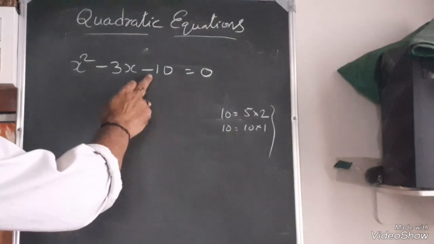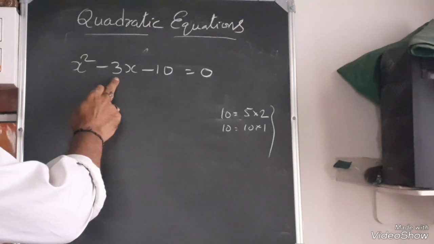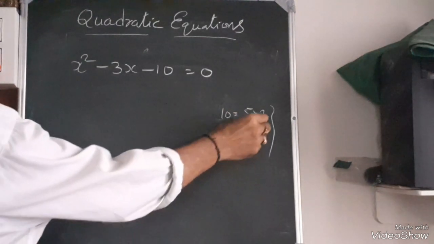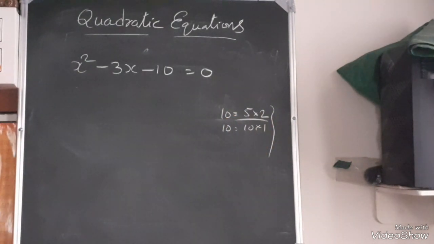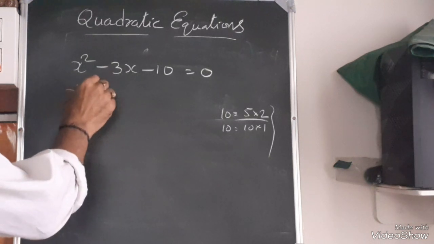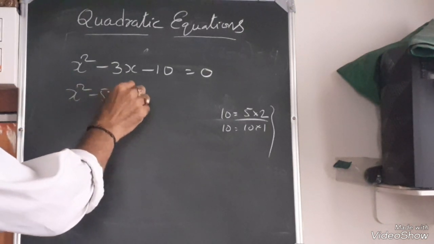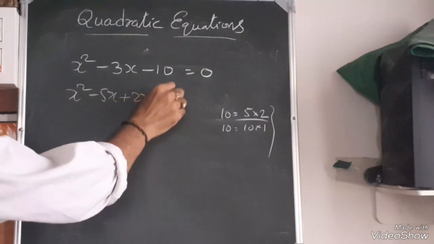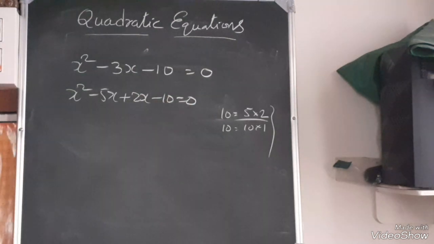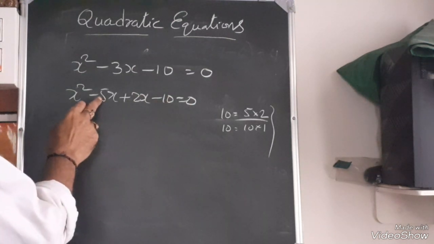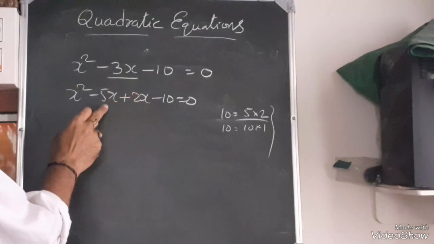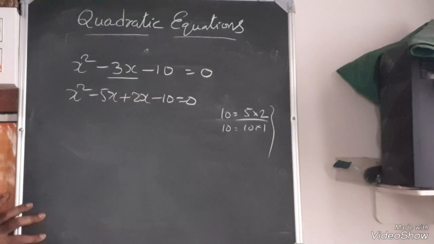So by subtracting we have to get 3. That pair we have to take here, so 5 and 2 we can take. So x square minus 5x plus 2x minus 10 equal to 0. Here minus 3x we are writing as minus 5x plus 2x.